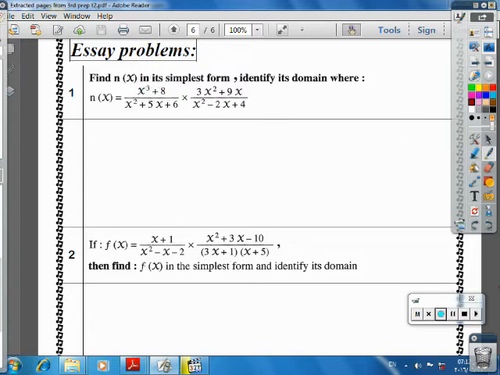Okay, first step, n(x) equals, factorize the numerator in the first fraction, x power 3 plus 8: the first bracket x plus 2 and the second bracket, with the negative sign, x power 2 minus 2x plus 4. 4 equals 2 power 2.